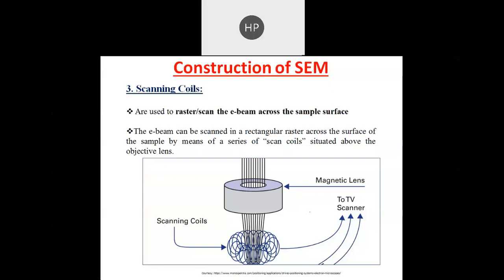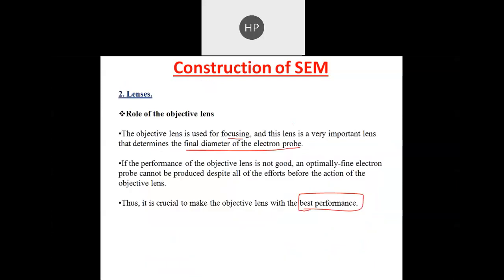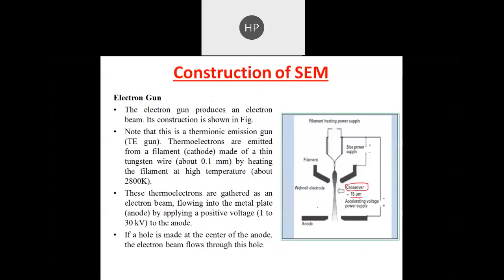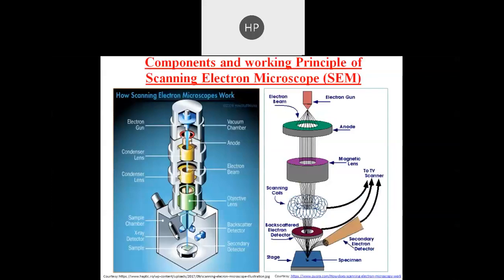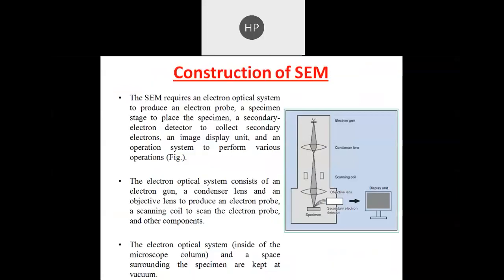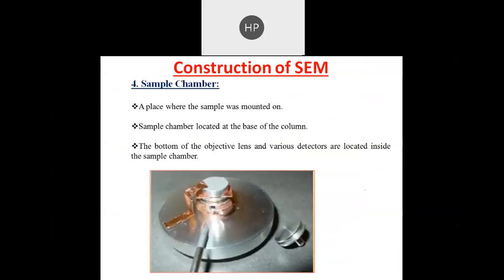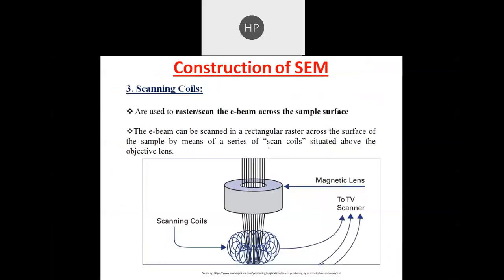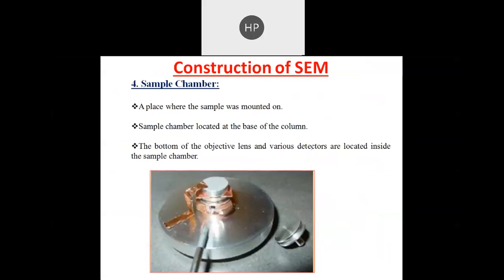So in between this magnetic lens and the objective lens, we have scanning coils, and they are used to scan the e-beam across the sample surface. Here we have the scanning coil, and it will serve the purpose we have discussed. It will scan. And then the sample chamber.